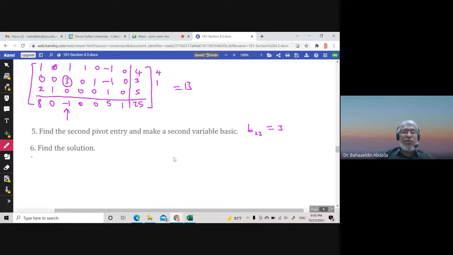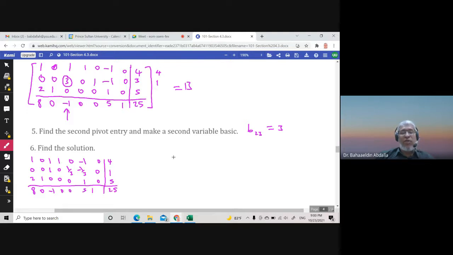I will have 1, 0, 1, 1, 0, negative 1, 0, 4, and now 0, 0, 3 divided by 3 is 1, 0, 1 over 3, negative 1 over 3, 0, 3 over 3 is 1, 2, 1, 0, 0, 0, 1, 0, 5, and the last row 8, 0, negative 1, 0, 0, 5, 1, and 25.